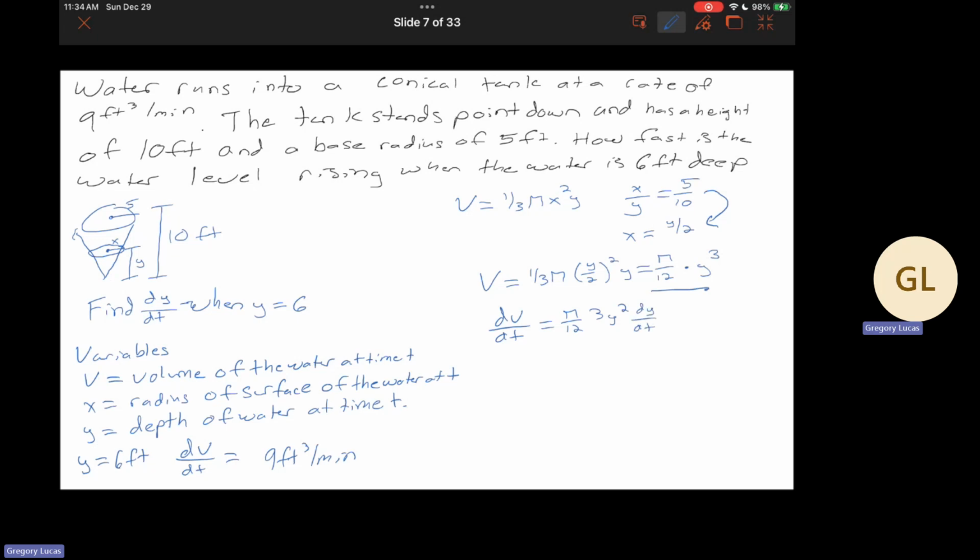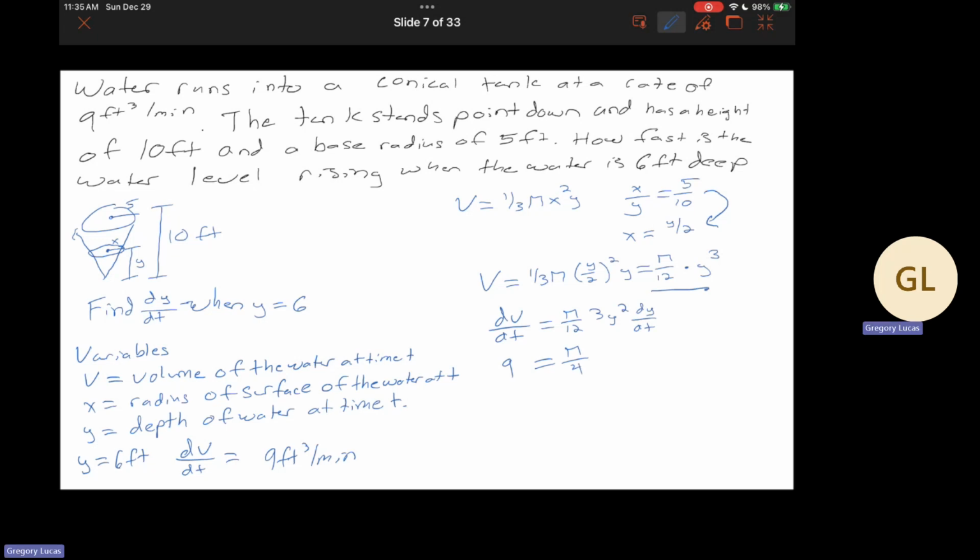Same thing, dy/dt, the derivative of y with respect to time. And then we can plug in what we know now. We know that dV/dt is 9. We can simplify this 3 divided by 12 as well. So 3 divided by 12 gives me 1 over 4.